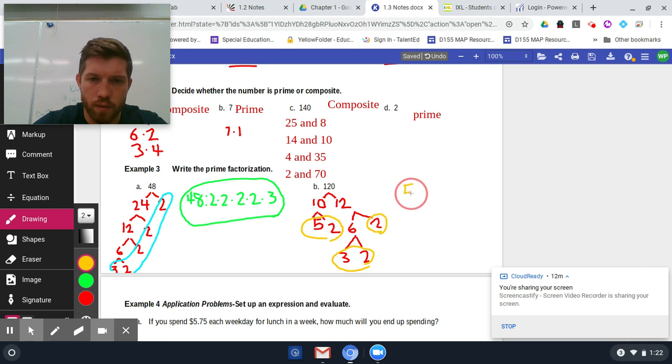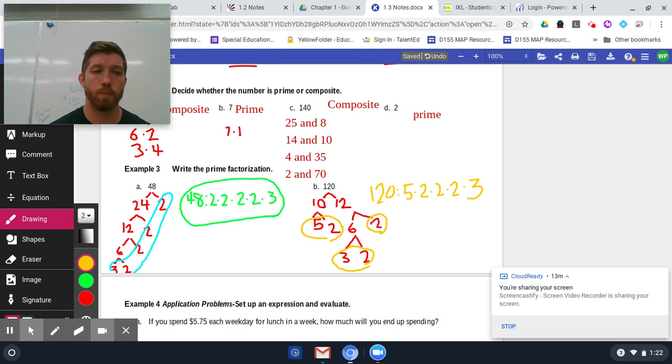So 5 times 2 times 2 times 2 times 3 all equal 120. You can even check your answer by putting those all in your calculator. All right, so that is prime factorization.